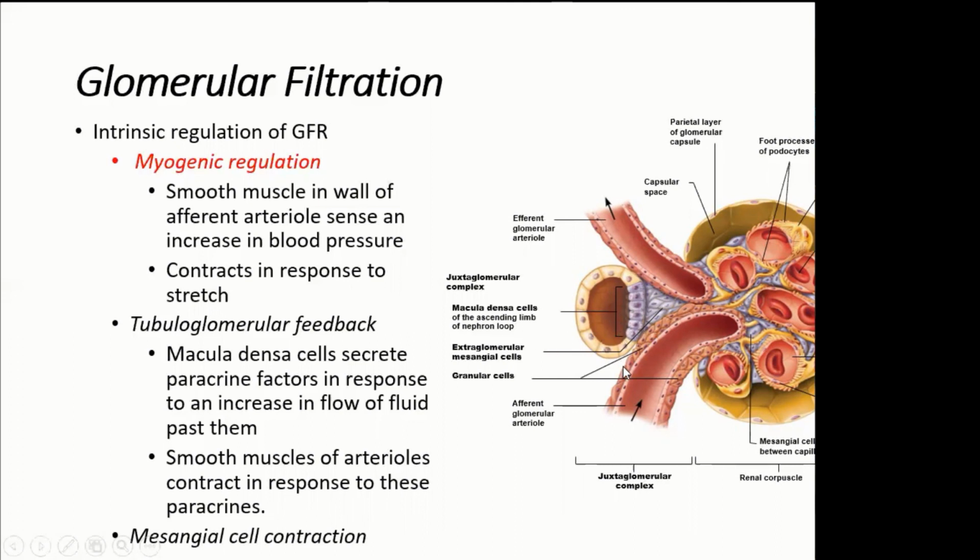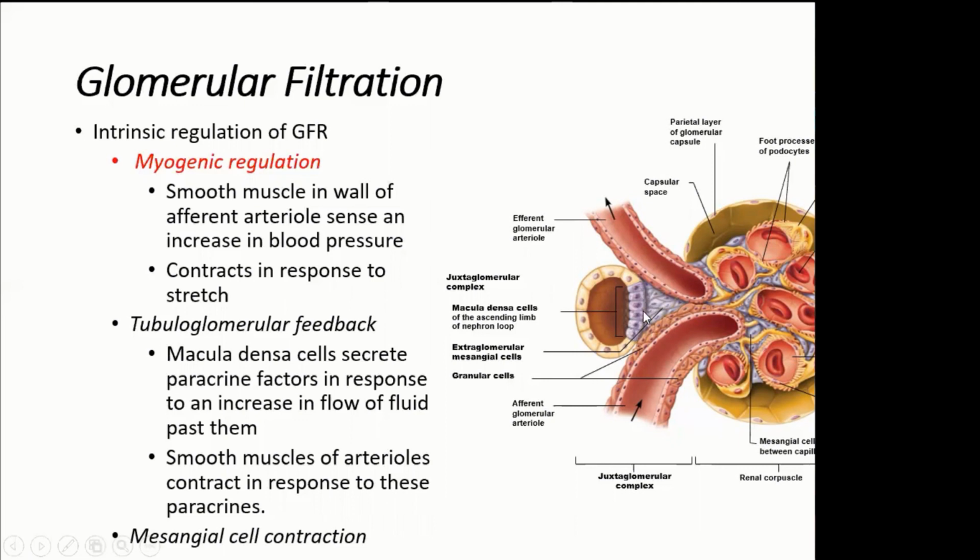So the ascending limb is the part just coming back up, that secrete something called paracrine factors. So paracrine factors are like hormones, but they just act really close. So they don't go into your bloodstream and affect the rest of the body. They're just kind of a local factor.